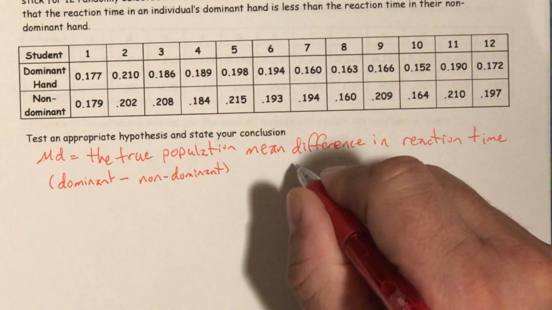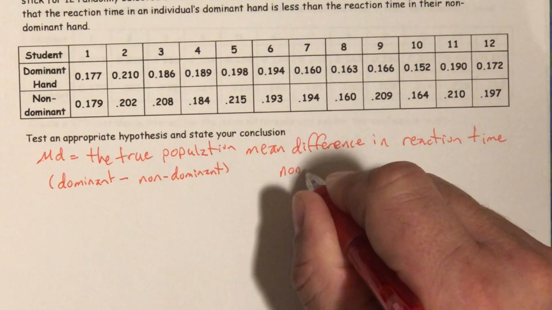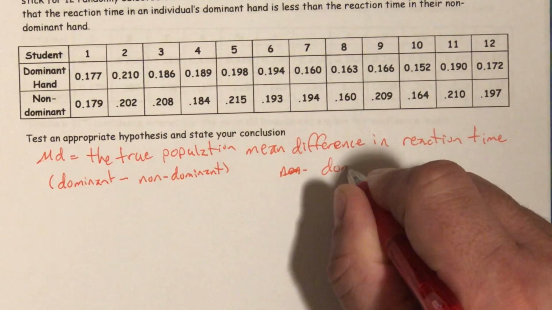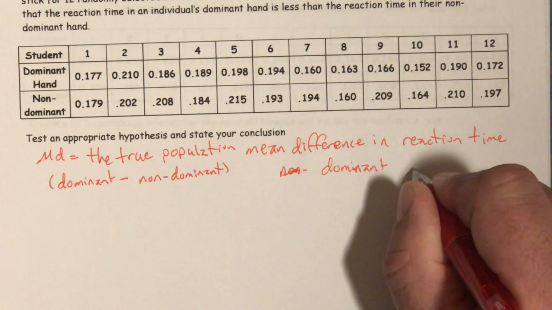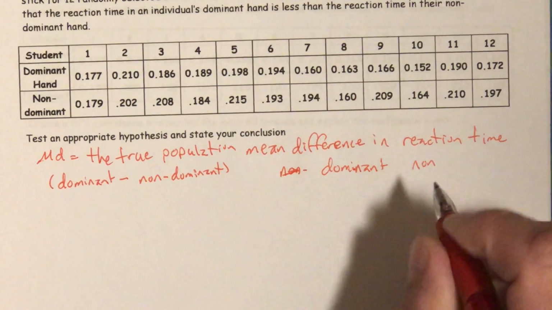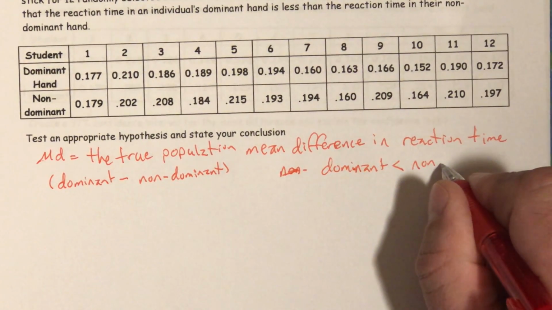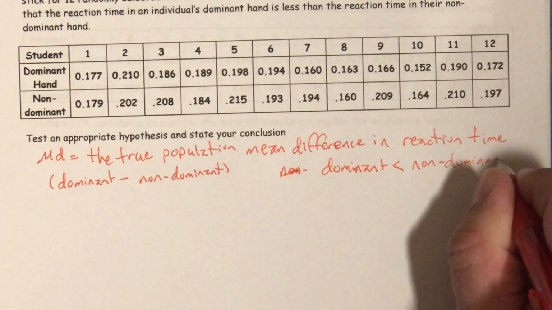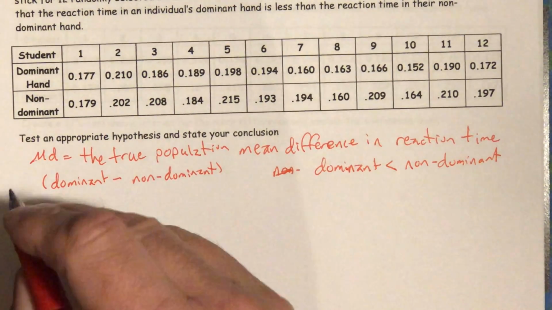All right. Well, McNeil's hypothesis is that if you took the dominant and the non-dominant, the dominant was going to be less time than the non-dominant. It's real important to show this step because it'll help you out in writing your null and alternative hypothesis.